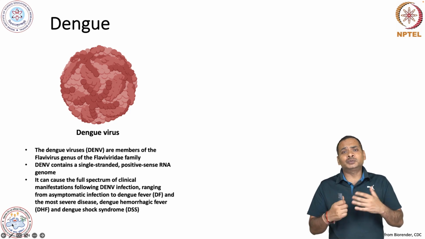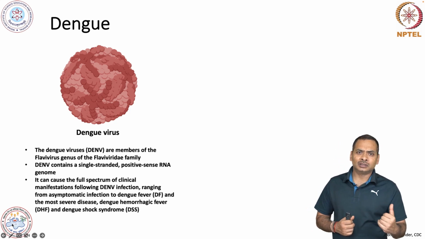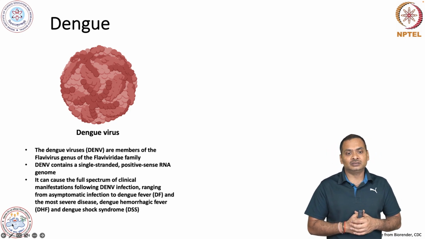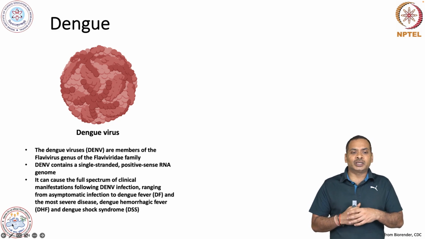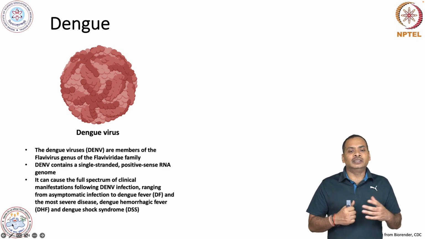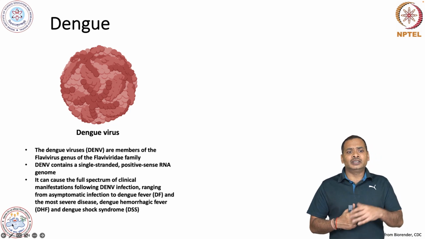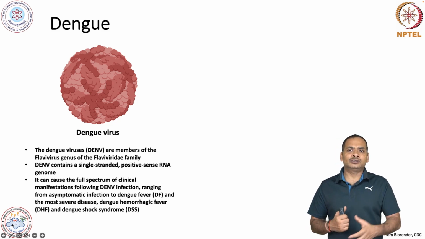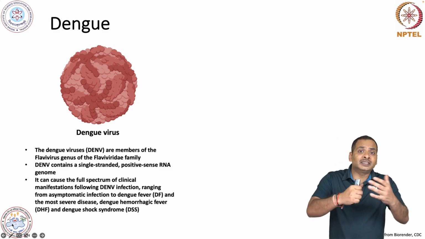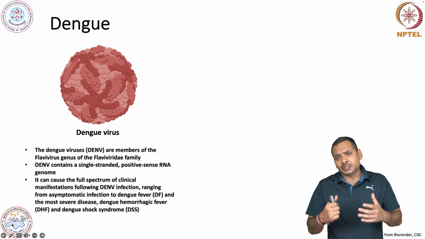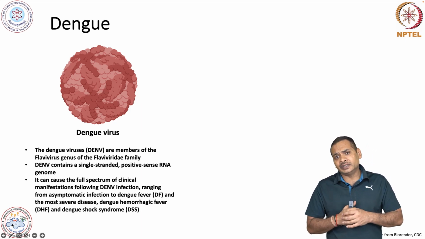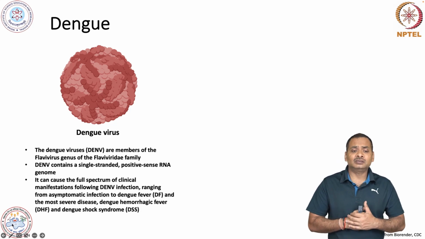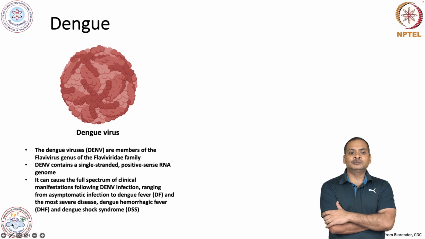When there is a second or subsequent infection with a slightly different strain, that results in severity. This severity can be defined as dengue fever, dengue hemorrhagic fever and dengue shock syndrome. These conditions, particularly dengue hemorrhagic fever and dengue shock syndrome, can cause fatality. So, this is quite dangerous.